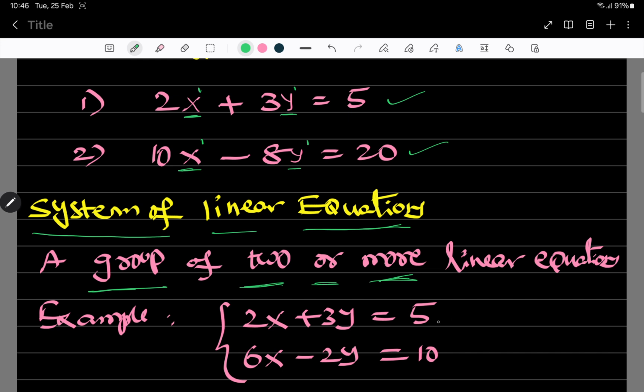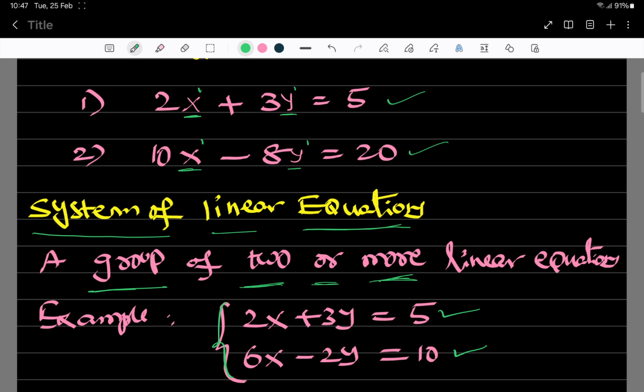So this is one example. 2x plus 3y is equal to 5, 6x minus 2y is equal to 10. This is one group. This is one system. So like this we can write so many examples. Now how to find the solution for this system of linear equations?